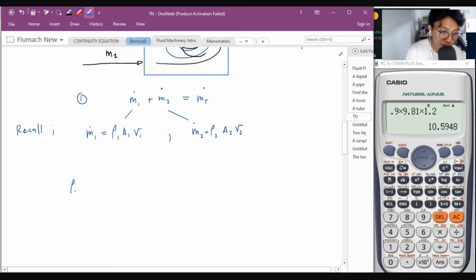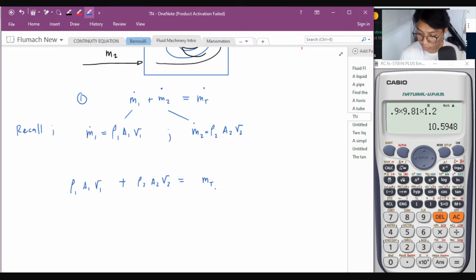So, density 1, area 1, velocity 1 is added to density 2, area 2, velocity 2. And it will yield a total mass of MT. This for M1, this for M2.